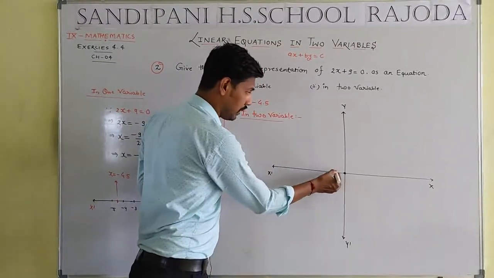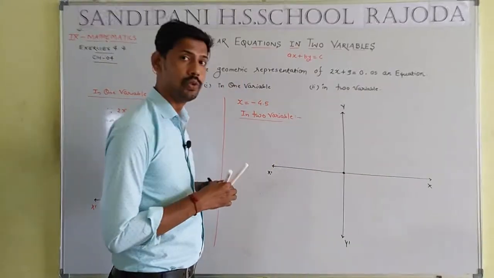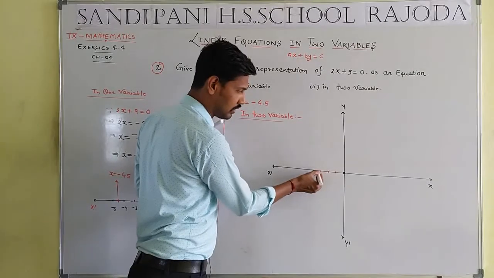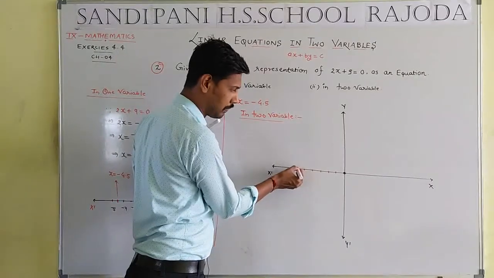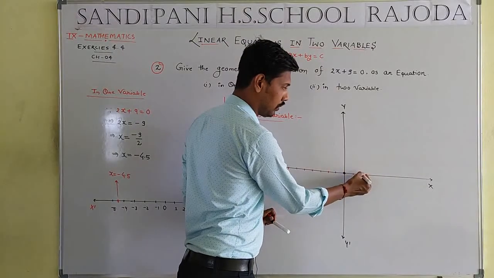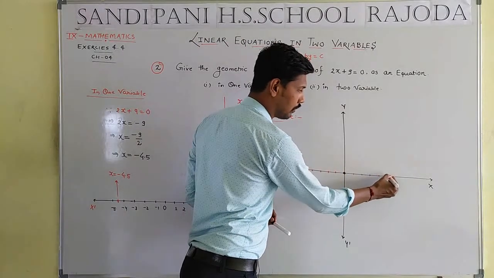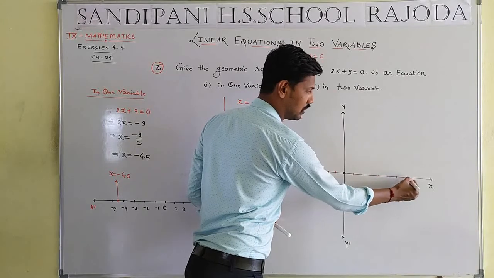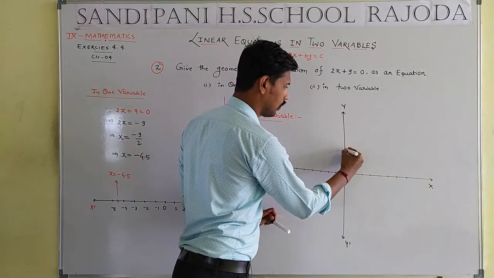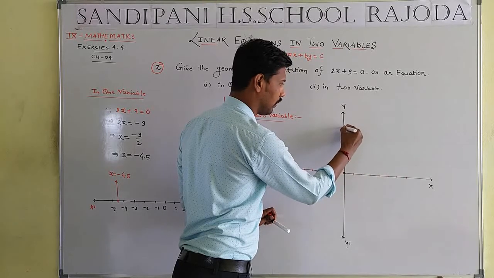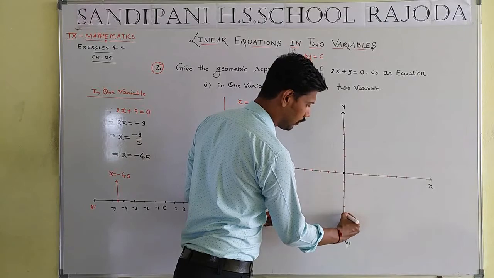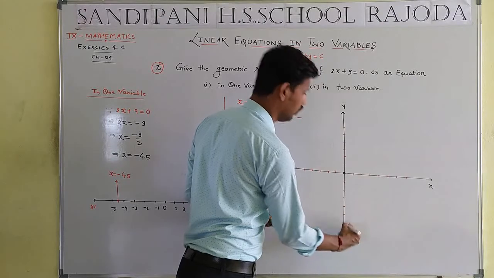Now we take positive 1, positive 2, positive 3 and so on, and negative 1, negative 2, negative 3, negative 4, negative 5, negative 6, negative 7, and positive 1 through positive 7, and so on.